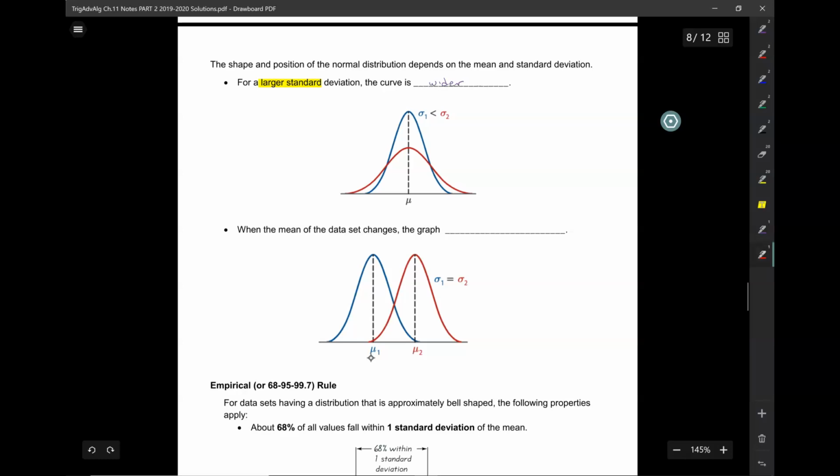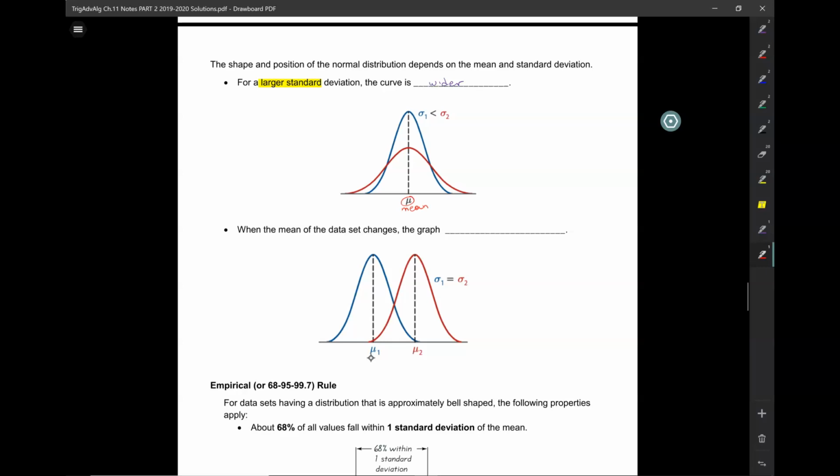So here you see these two. This is the mean, mu, that's a Greek letter mu, it makes the m sound. That's the mean. So look at the red and the blue here. They both have the same mean.